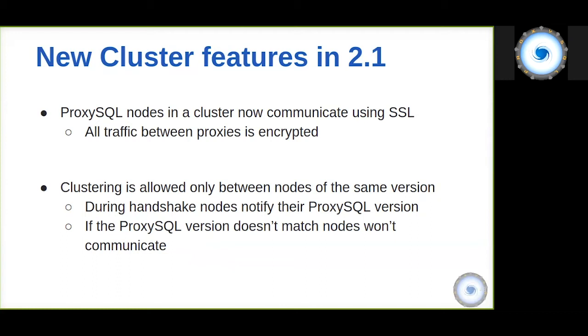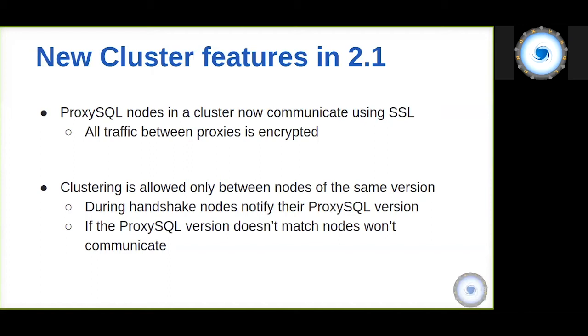When they connect to each other, if they detect that the other proxy has a version that is different from their own, so if the version does not match, they won't be part of the cluster. They will ignore each other. This solves the issue of having conflicting configuration or conflicting table structure between multiple ProxySQL versions.